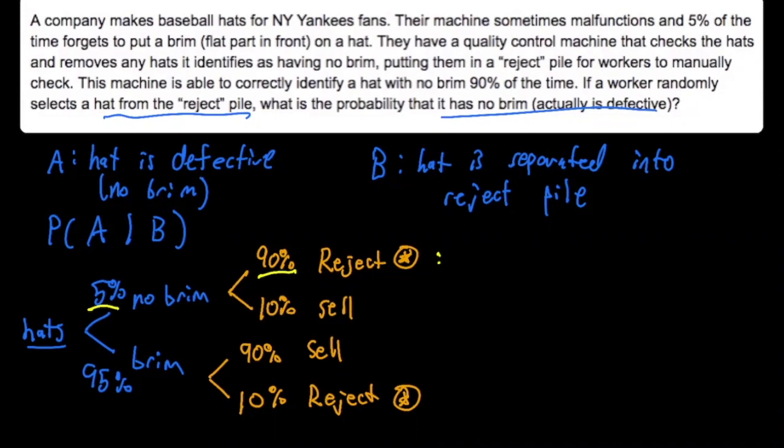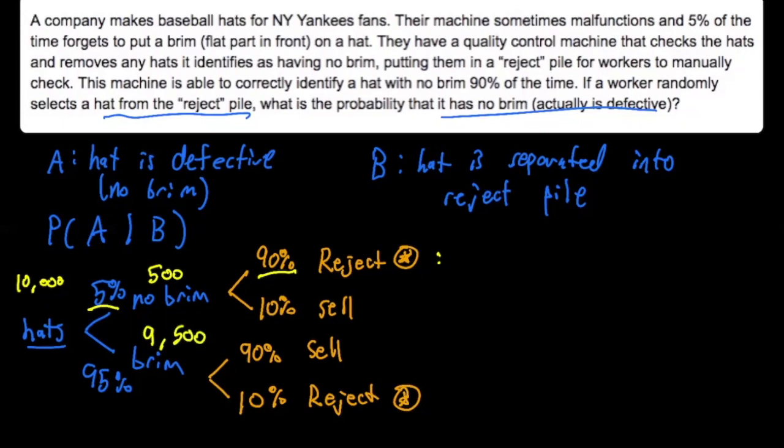And we can also use numbers to help us out too. We could assume, for example, let's say we make 10,000 hats. Then if we have 10,000 hats, 5% of that have no brim, 95% of that have a brim. So this looks like 500 hats have no brim, 9,500 have a brim.